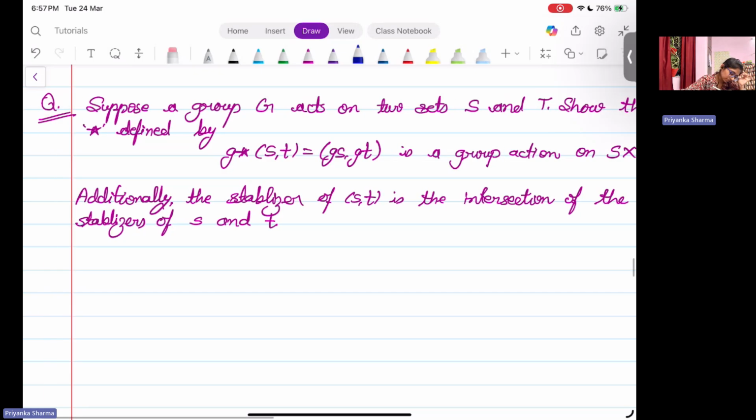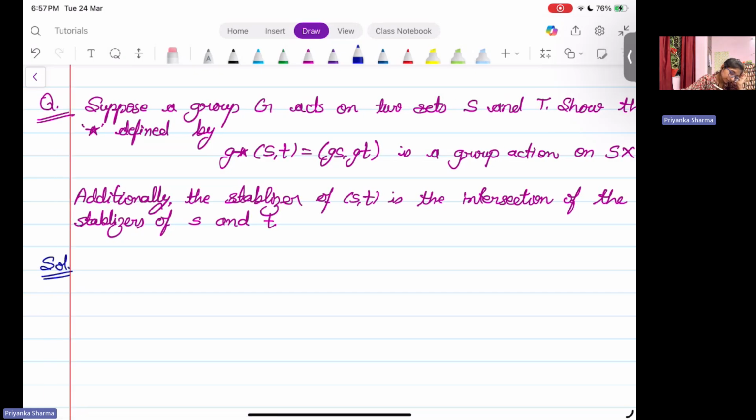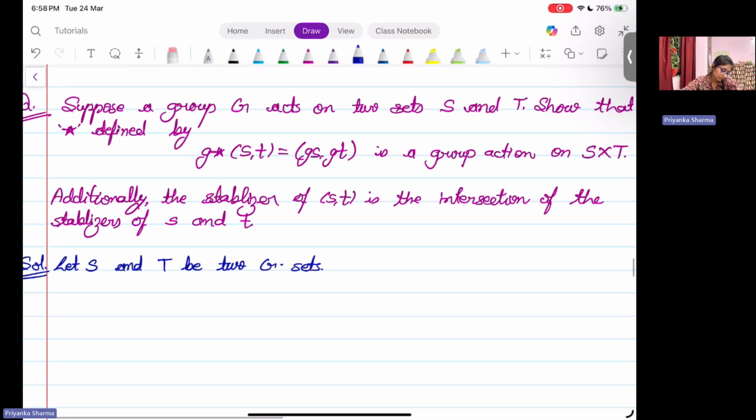Actually, we can say that S and T are two G sets. Whenever we have two G sets, we can define another G set, which is the Cartesian product of those G sets.